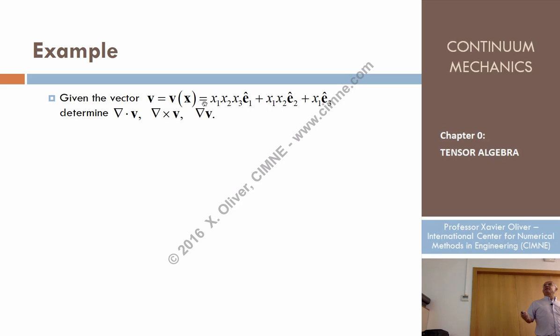It would be the derivative of the first component with respect to x1, which is x2 x3, plus the derivative of the second component with respect to x2, which is x1, plus the derivative of the third component with respect to x3, which is 0. So the divergence would be x2 x3 plus x1. Okay? And in other words, what can you do? Do the scalar product of nabla times v.